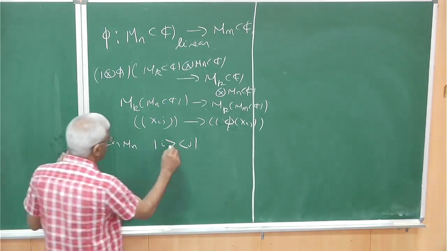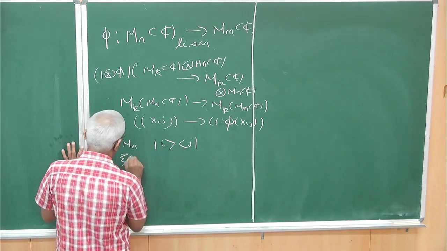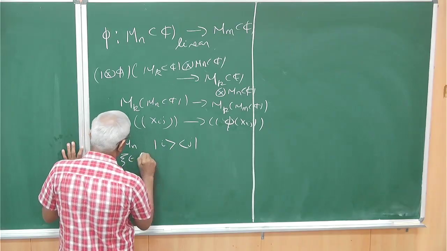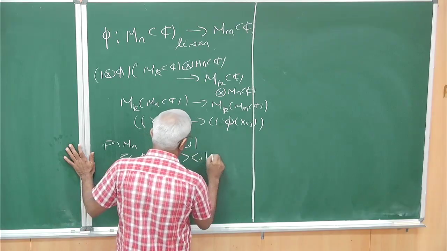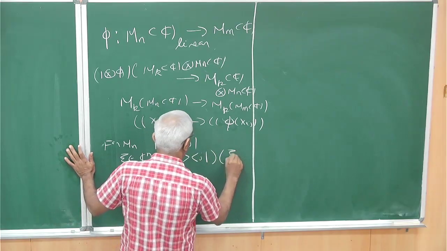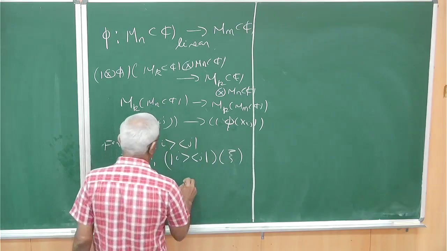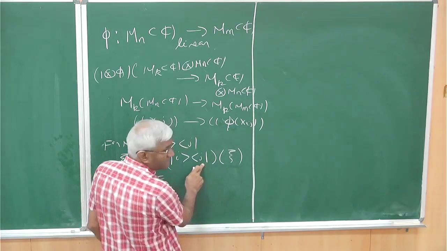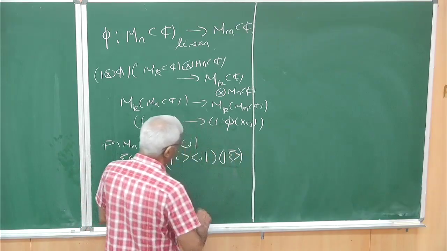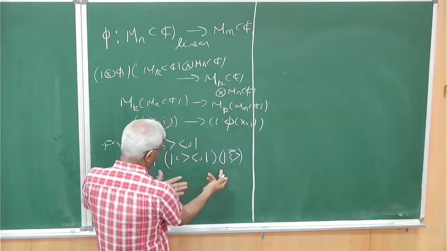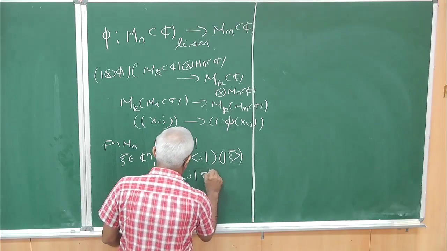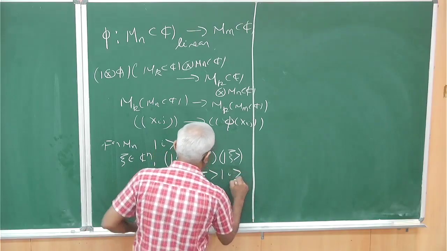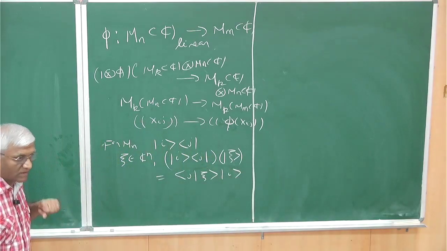If you have any xi in C^n, then this acting on xi is just the inner product, which is a scalar, so you can bring it out front. So which is just |i> times <j|xi>. It is this rank 1 operator.